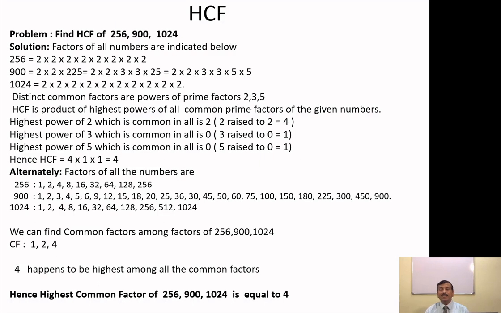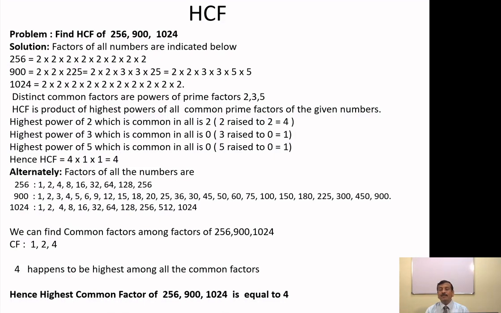Now let's see a different method of finding the HCF. Find the HCF of 256, 900 and 1024. We factorize the three numbers in terms of their prime factors.